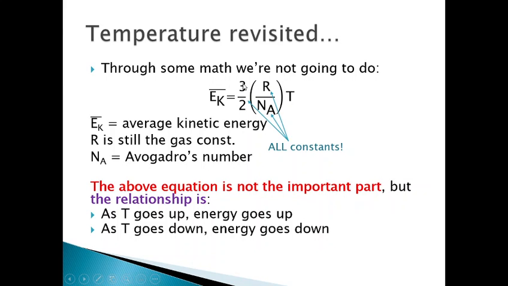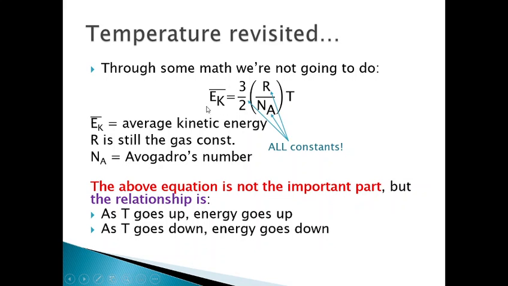So that's a constant, that's a constant, that's a constant. This equation is really just saying kinetic energy is equal to some constant times temperature. Kinetic energy and temperature have a direct relationship. If you increase the temperature, your energy increases as well. If you decrease the temperature, you decrease the energy.